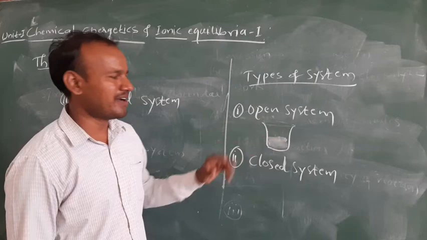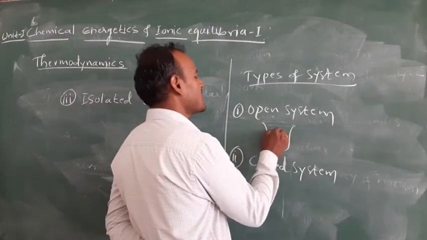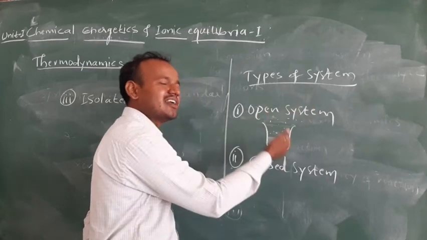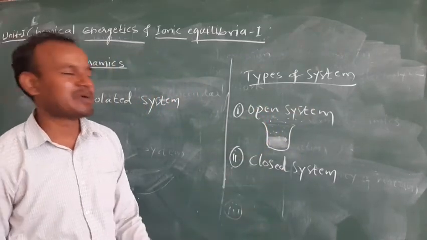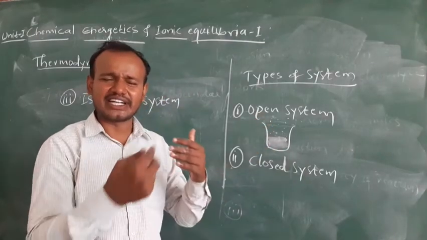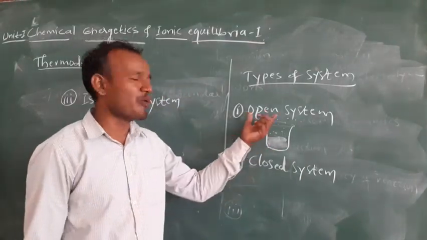Simply keep it open. What will happen? These water vapors will go on exchanging with surroundings, and certain water vapors will enter into this liquid form. Like that, this exchange is continuously happening, and we can call it an open system.